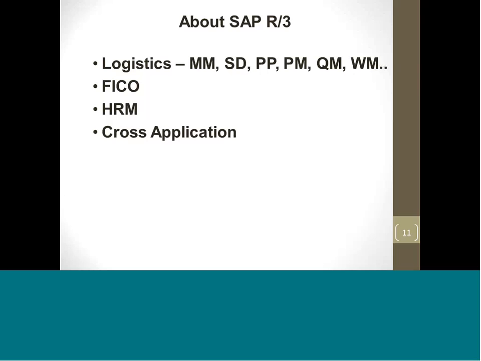At the end of the day, I can get all the information from this one plant and club it in the head office with the other plants, and I can get consolidated information. This way, the SAP system is interacting with a non-SAP system, so that the data is updated every quarter. This is cross app.